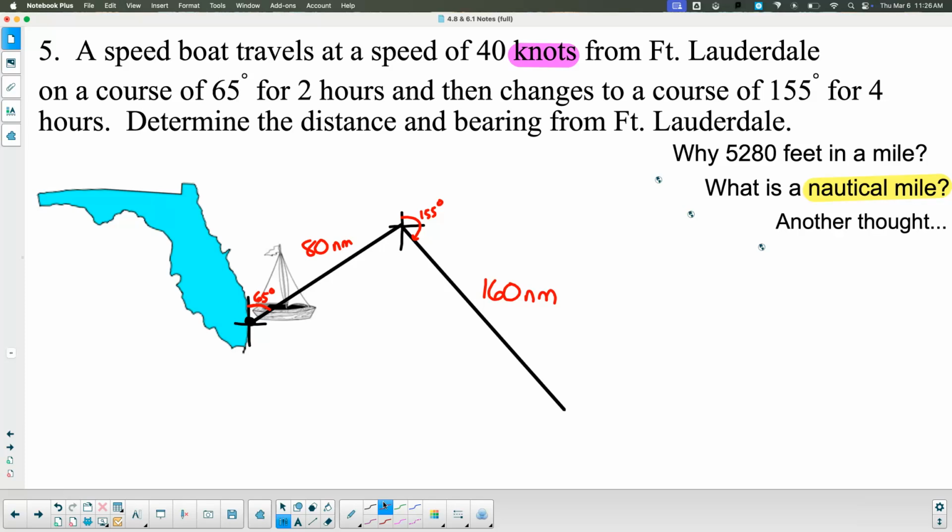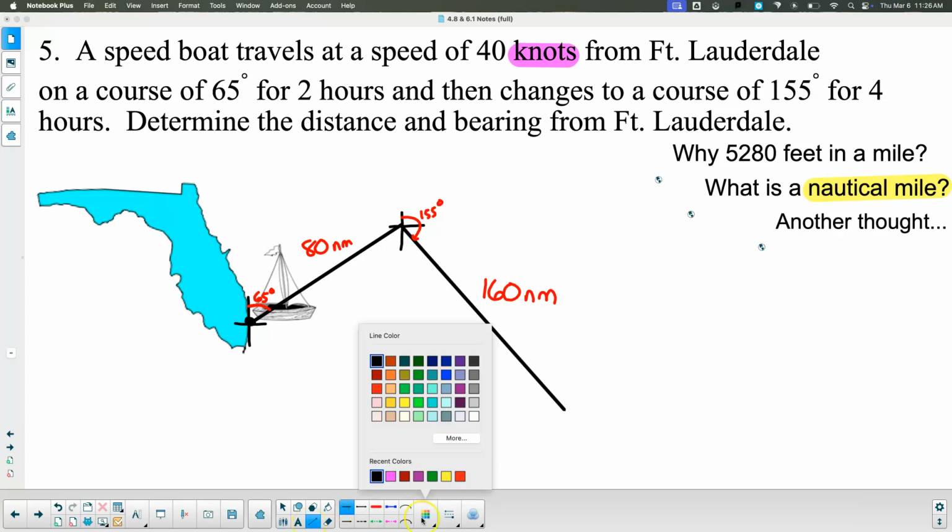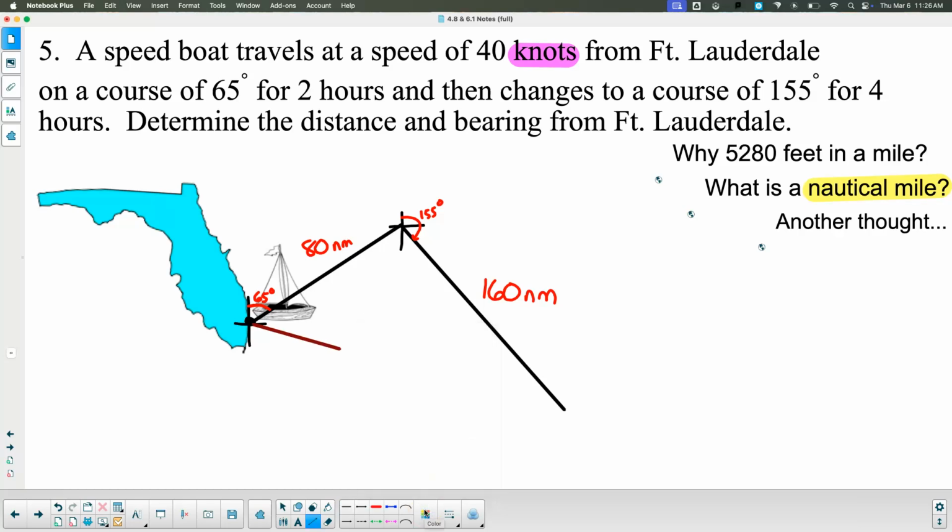We need to determine the bearing and the distance from Fort Lauderdale to the boat. Well, let's find one. Which angle do we know? 65.